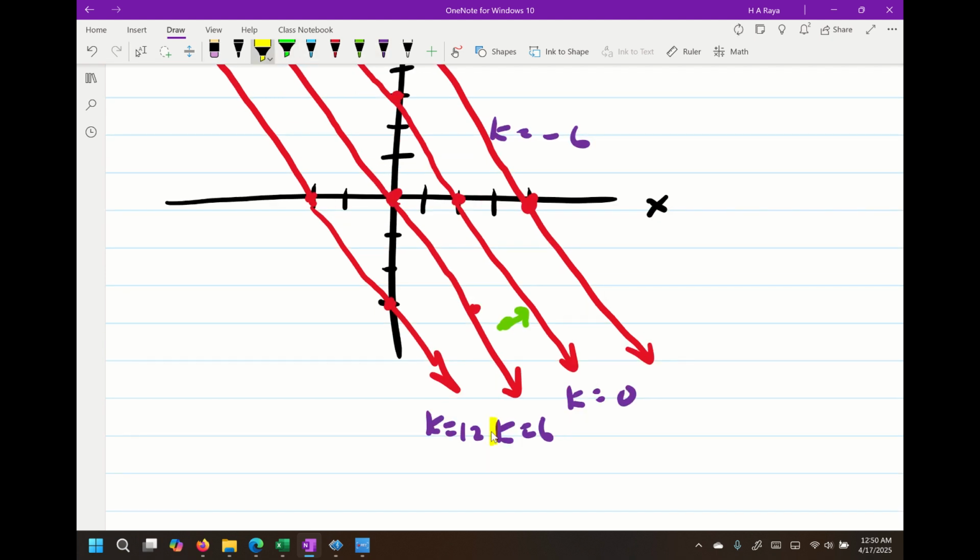Notice that this level curve is 6, so that tells us that the altitude of our three-dimensional graph is 6 units high. This k value is 0. That means that the altitude is 0 units high. So going in this direction tells you that you're going down. So again, if I'm starting from this point right here and headed in that direction, I'm going downwards. Alternatively, if I'm starting at this point over here and going in this direction, in my three-dimensional graph, I will be going upwards.